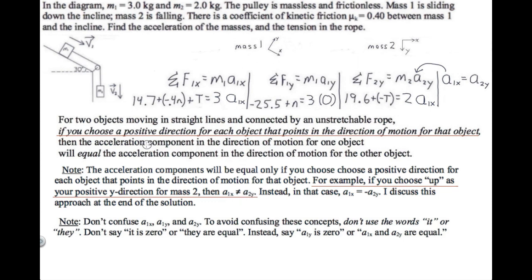So, as a beginning physics student, you will make your life easier for multiple object problems if you make it a habit to choose a positive direction for each object that points in the direction of motion for that object. I'll discuss why this rule works and what happens if you choose up as the positive direction for mass 2 towards the end of this video.